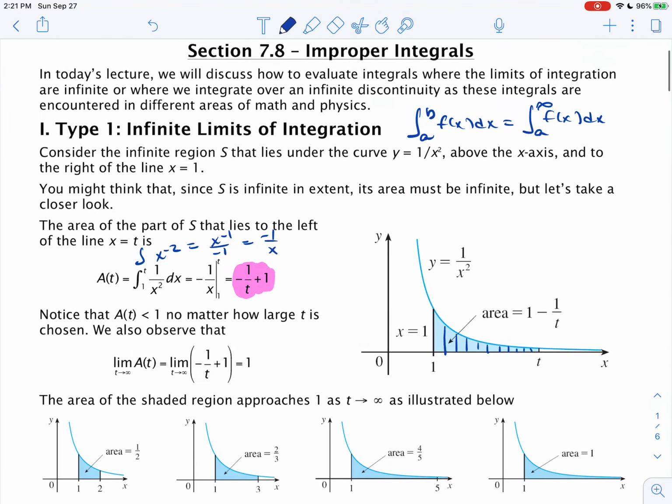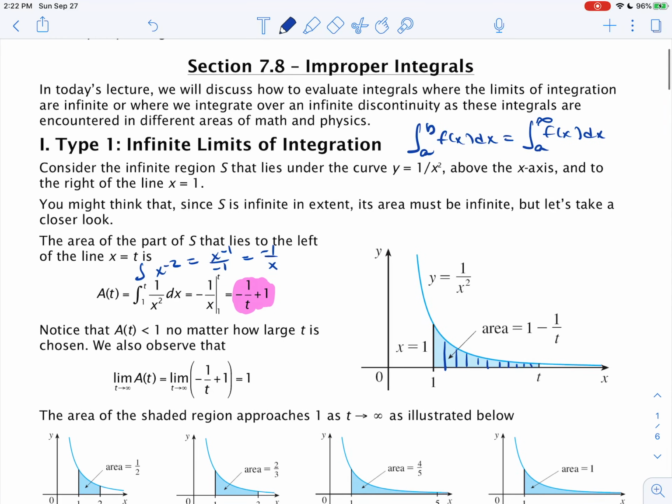So we want to consider how to evaluate improper integrals. Sometimes it will be the case that you will have infinite area, and if you do, you will say that the integral from a to infinity, or the integral from negative infinity to a or to b, is going to be positive or negative infinity.